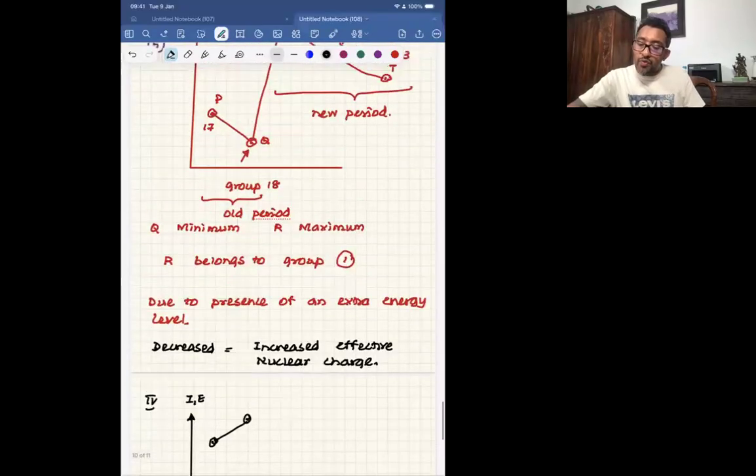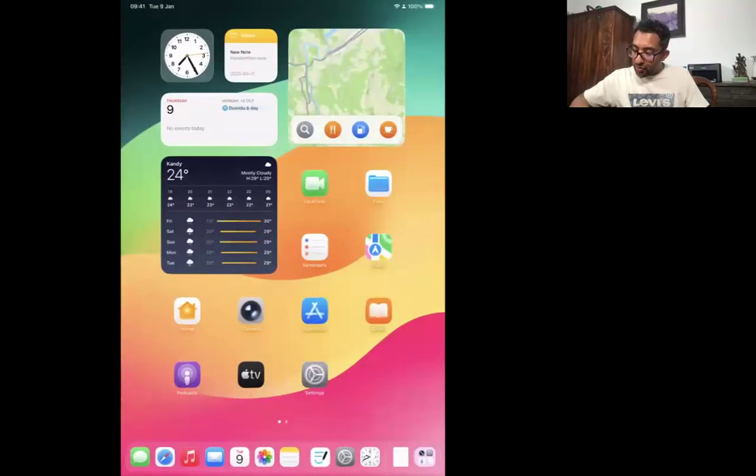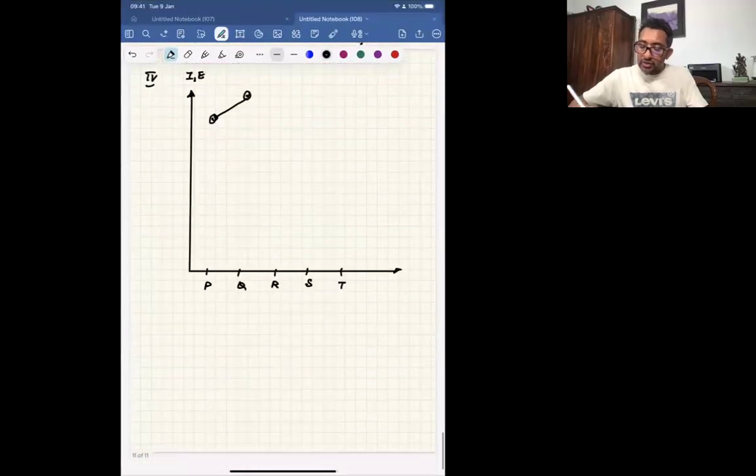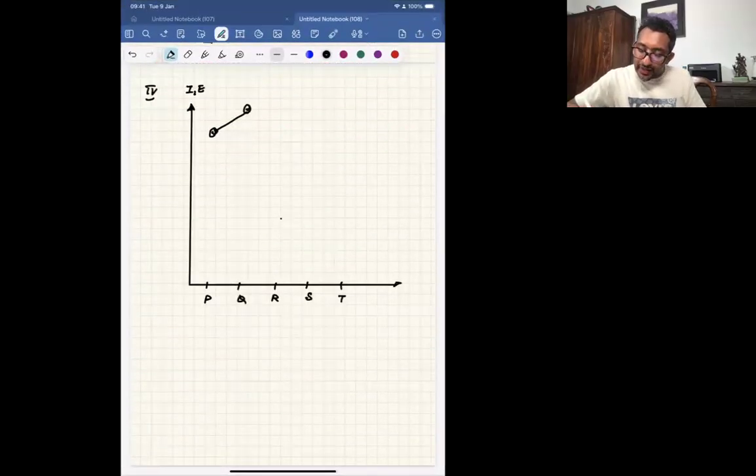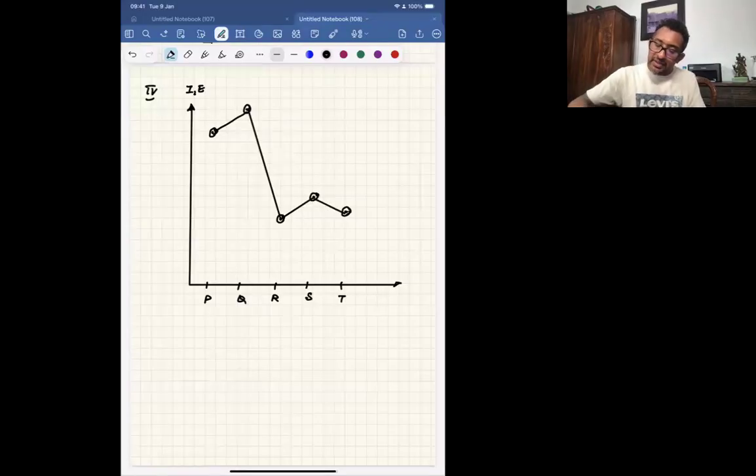Now you go for group 1, 2, 3. You know how group 1, 2, 3 varies? Group 1 has a lower value, 2 goes up, 3 is down. So this is the variation. First ionization energy varies.